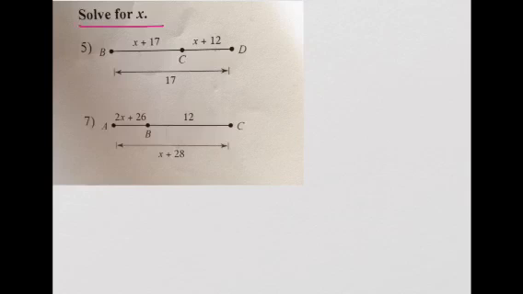Okay, next up is number 7. So remember, AB, this distance, plus this distance is going to give us the total distance. Okay, that's segment addition postulate. So we set it up, AB plus BC equals AC.